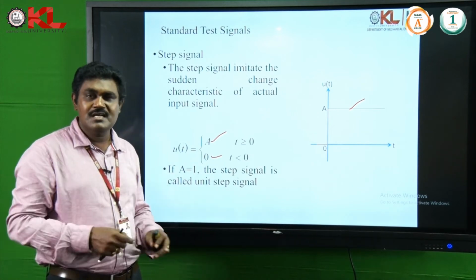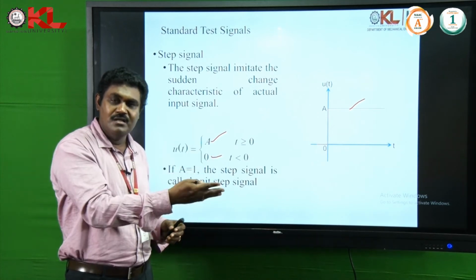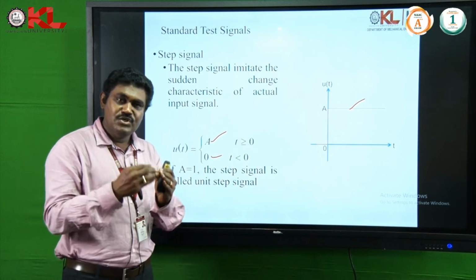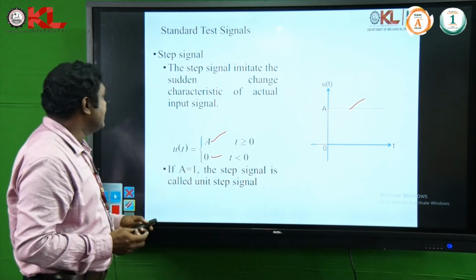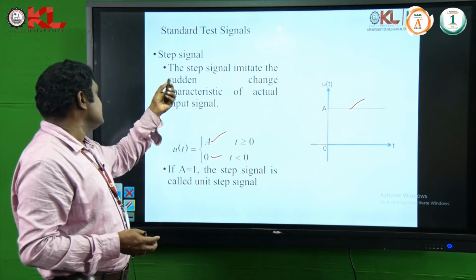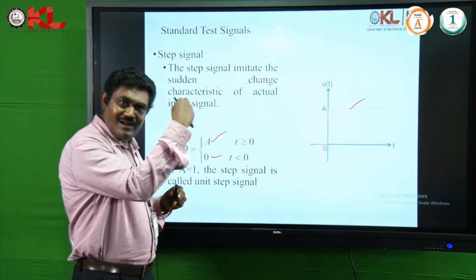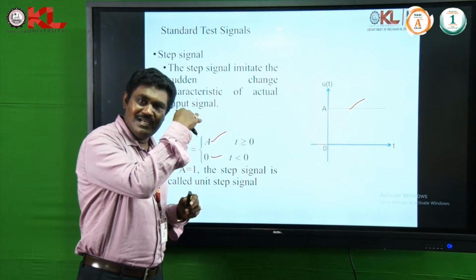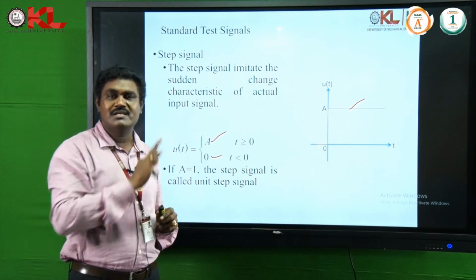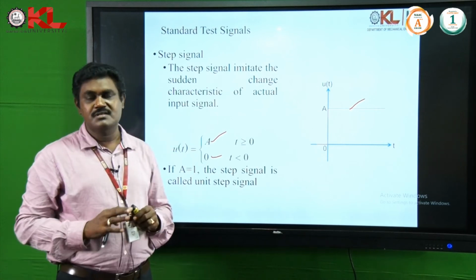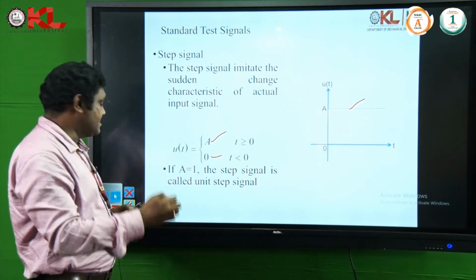The unit indicates the magnitude is equal to 1. So this second signal, the step signal, suddenly rises to that particular value and maintains the same value throughout the time period. Those types of signals are called step signals.